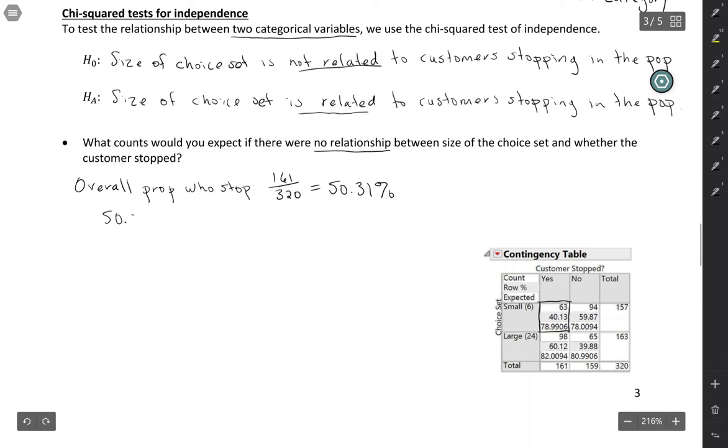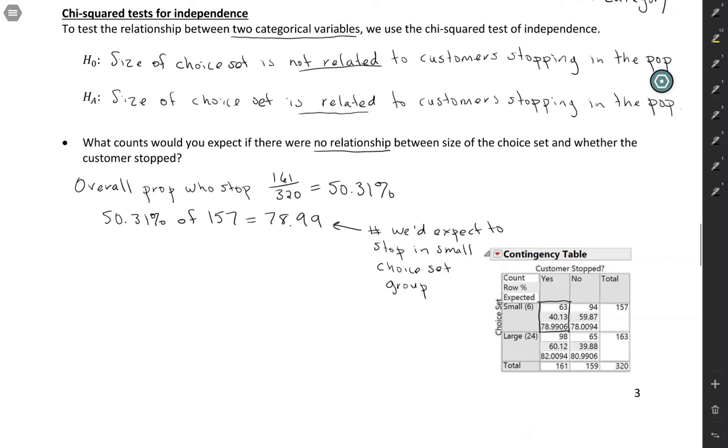So 50.31% of 157 would be 78.99, and this would be the number we'd expect to stop in the small choice set group. So again, whenever we say expected, we mean what we would expect if the null were true. Here, what we would expect if there were really no relationship.